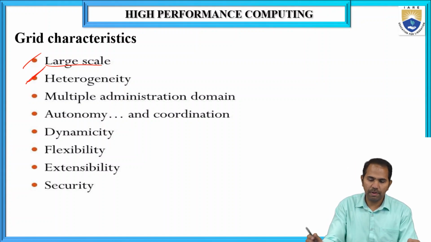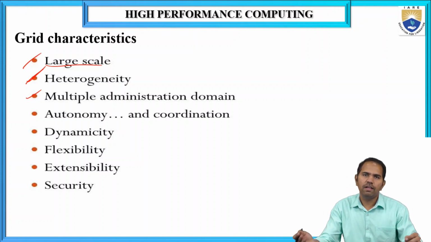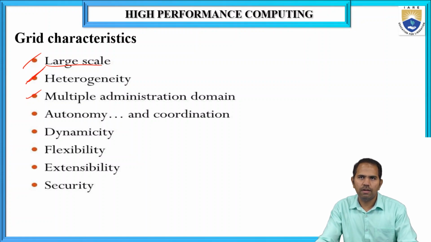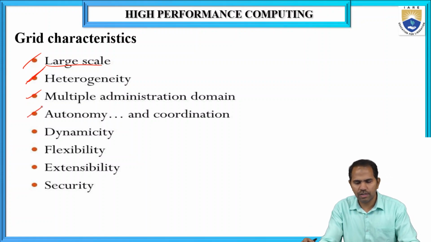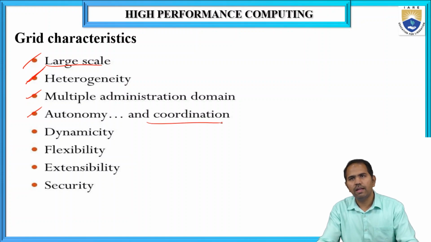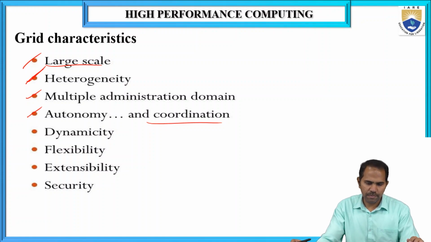It also has multiple administration domains, and we can add multiple administration domains. Autonomy: each is a single isolated unit, and it also has to be provided with coordination. Autonomy as well as coordination is one of the major characteristics.